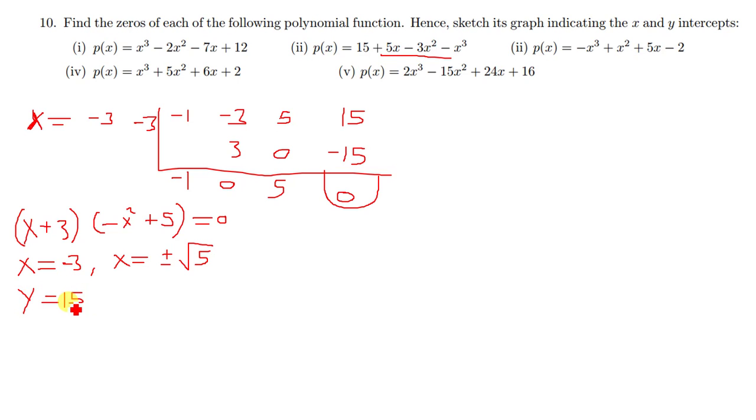After finding the y-intercept, remember what we said? We said our estimated curve is supposed to come out like that. Why? Because the leading coefficient there is negative and we have an odd power there. So let us now try to sketch our curve.